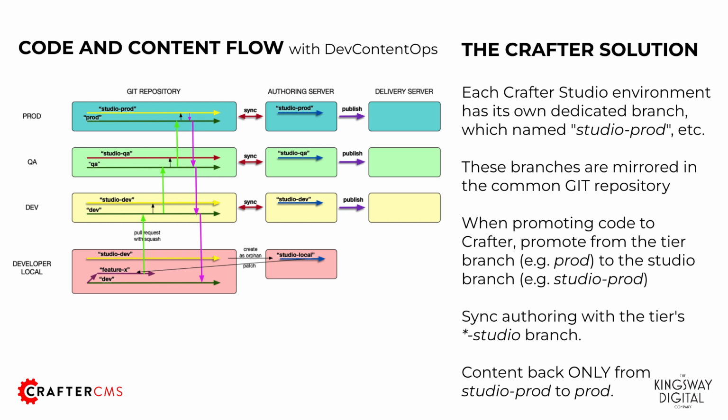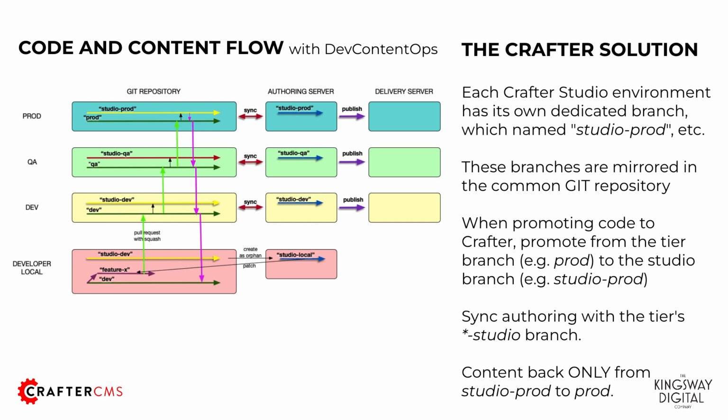How does this really work? Well, the secret here is in the fact that what Crafter mirrors over into the Git repository is production content only. You'll notice that we take content from the Studio prod branch and we move that into the prod branch. And this is, again, if your environment supports it. Not all organizations will permit this. And so there are certainly ways that we can provide alternate content, but this is the general case.